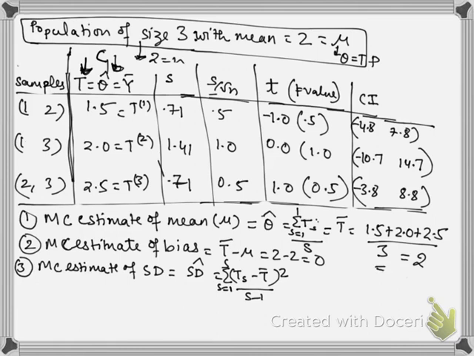So in R, this is mean of C1, and in R, this is variance of C1, square root of that, right?